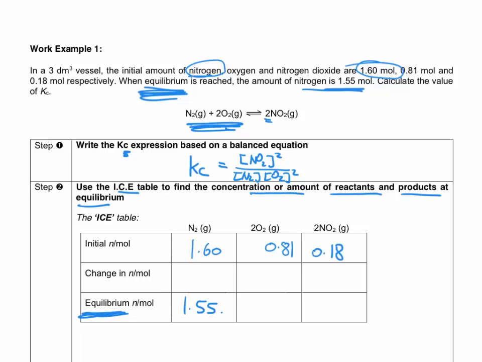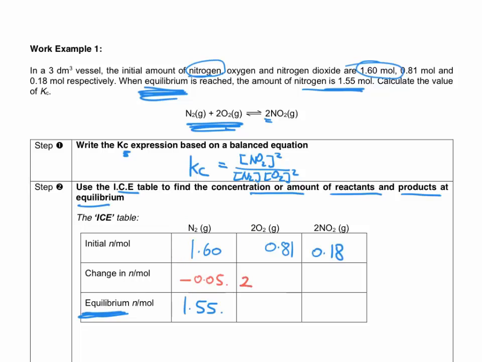Then with this in mind, I need to solve and fill in the rest of the blank of the ICE table. So what I'm going to do, very simple, I will observe what's the difference between this to this. You realize that the difference is actually minus 0.05. Now do remember, your N2 and your O2 are the reactants. That means that the reactants are actually involved in the reactions. Hence, if this one is subtracted by 0.05, do you realize that this is actually a 1:2 ratio?